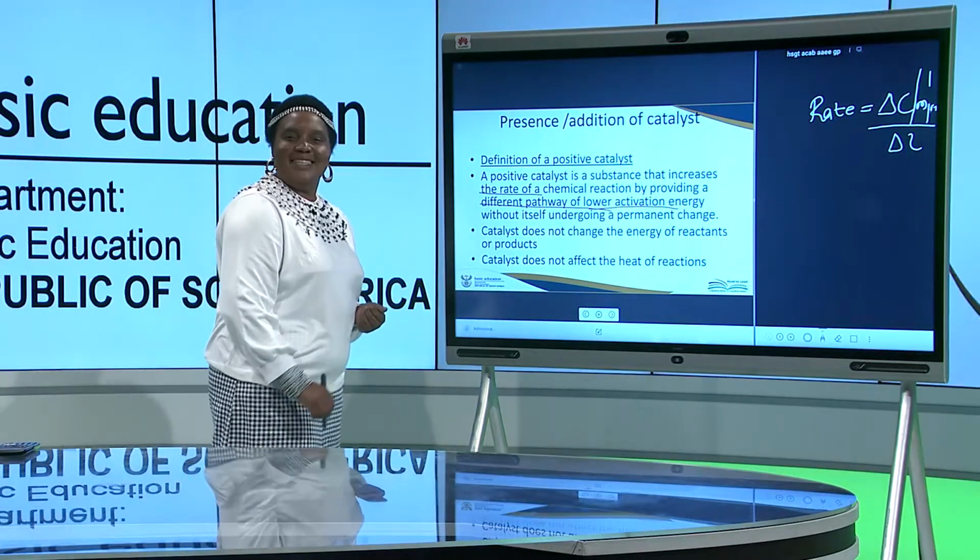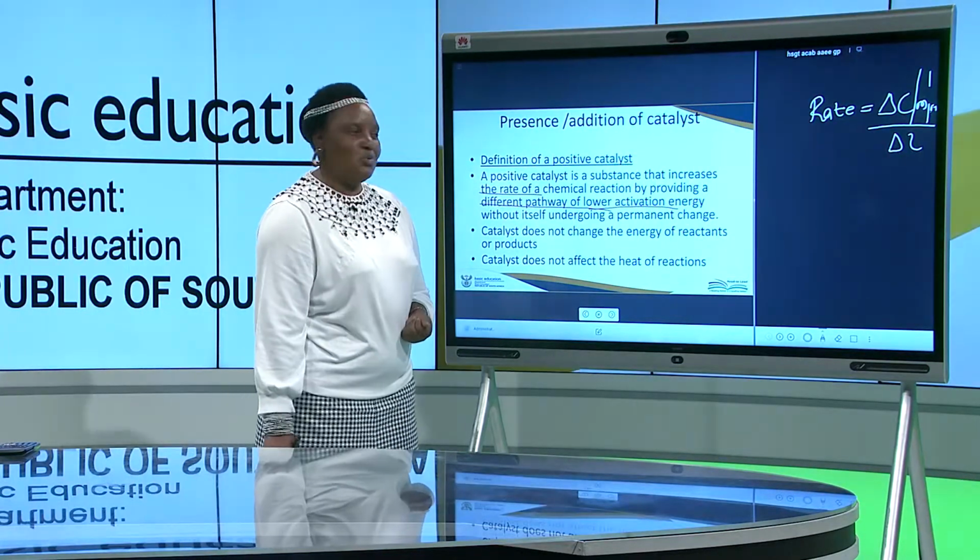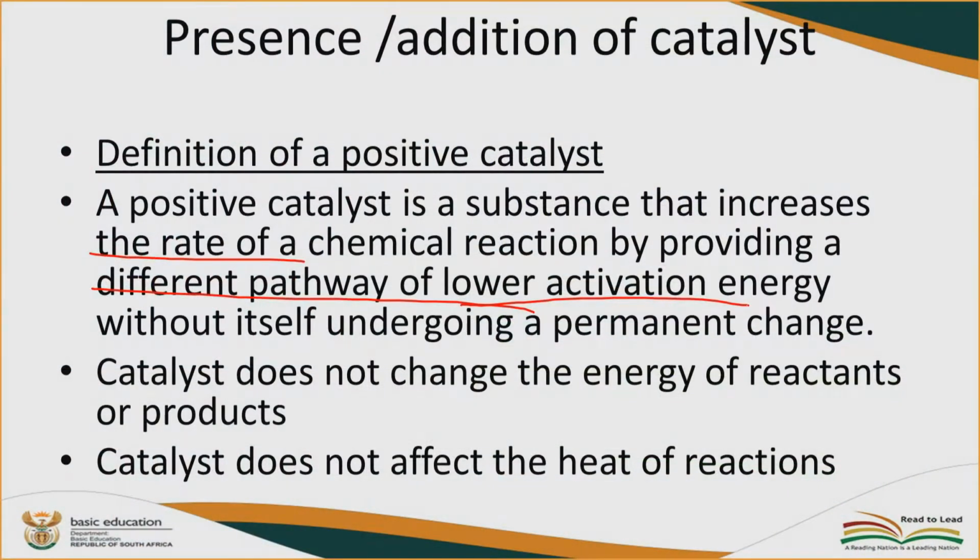And at the end, what the catalyst doesn't do, it doesn't change its shape. So whatever you started with at the beginning, you remain with it. So you can measure the catalyst after the reaction has reached its completion. Catalyst also doesn't change the energy of the reactants or the product.